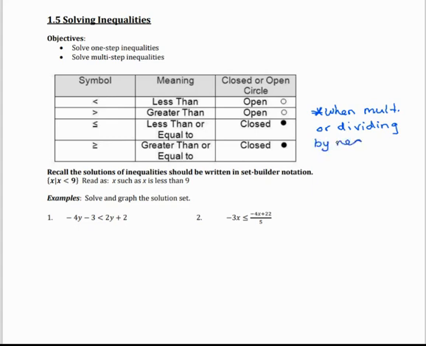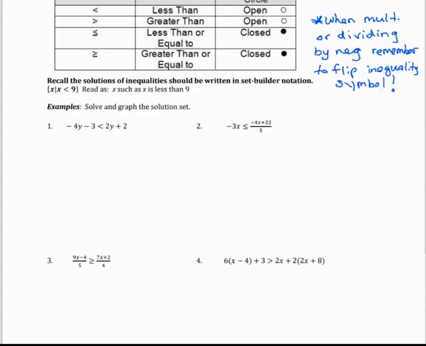We have to flip the inequality symbol. Really, really important.